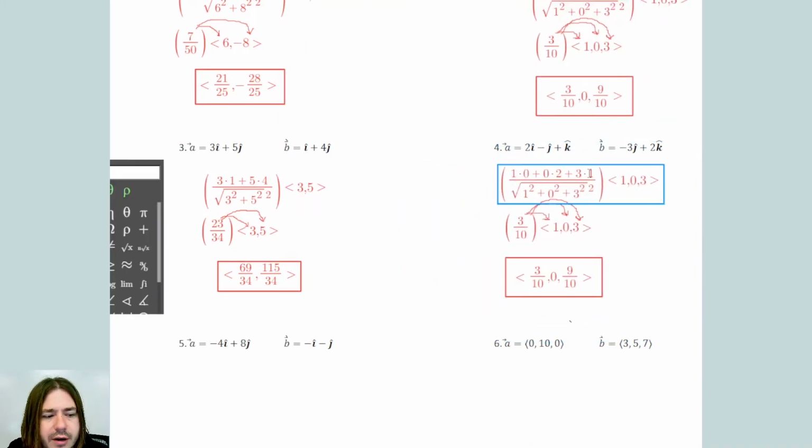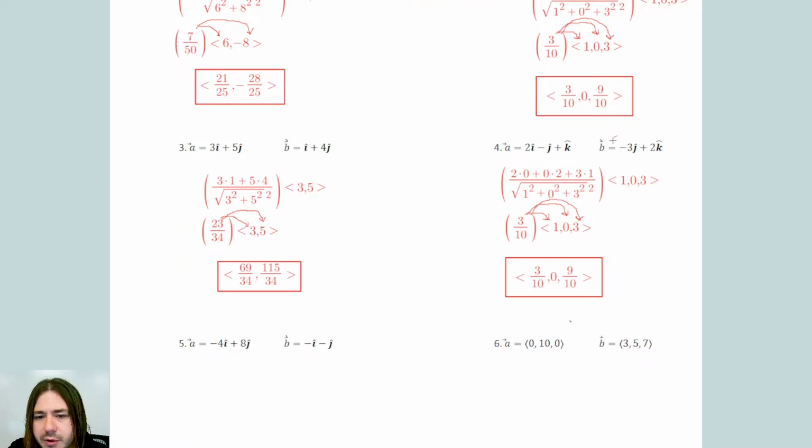So the dot product for A dot B will be 2 times... Now notice in B, this is kind of what I was referring to before. We're missing the i component here, that horizontal component. So it's just like 0i.